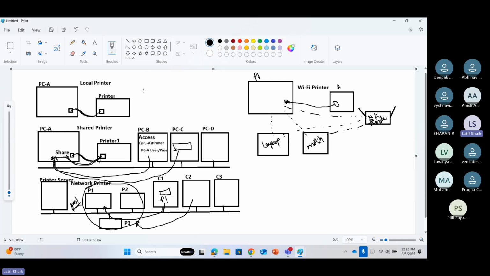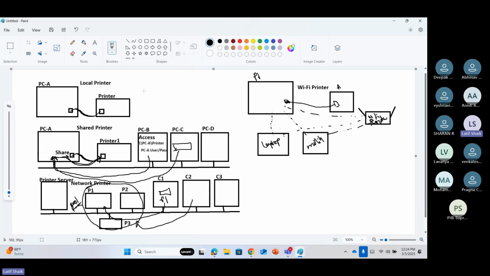So instead of purchasing a normal printer for your home, like a normal wired inkjet printer, purchase a Wi-Fi printer. Maximum 1,000 to 2,000 rupees difference only. But with Wi-Fi printers, you can keep the printer on one side and print from your laptop or mobile phone, and you can scan through it also.